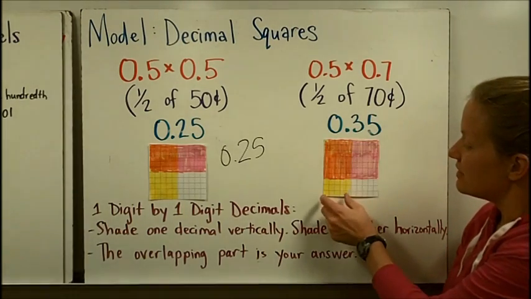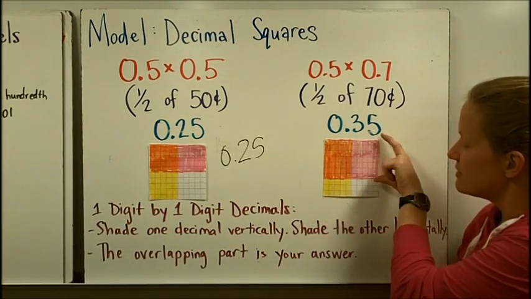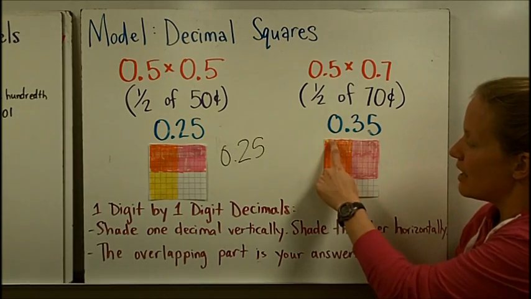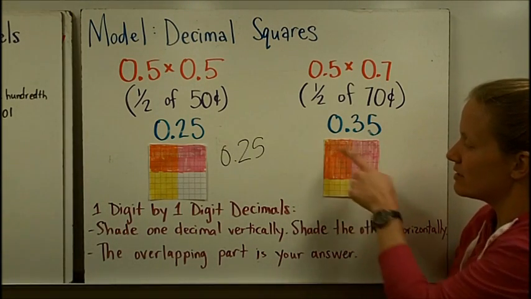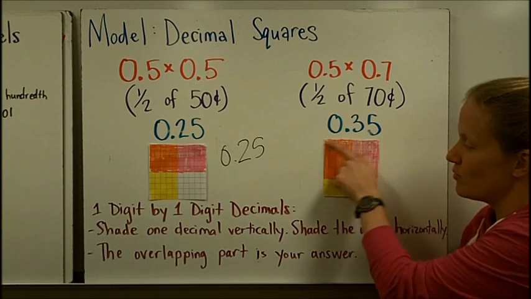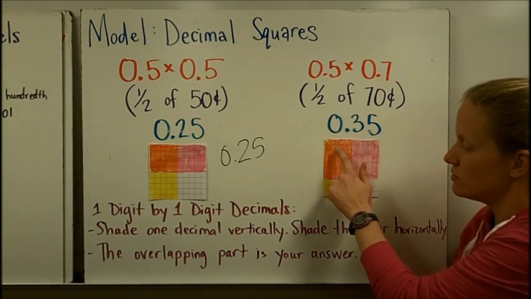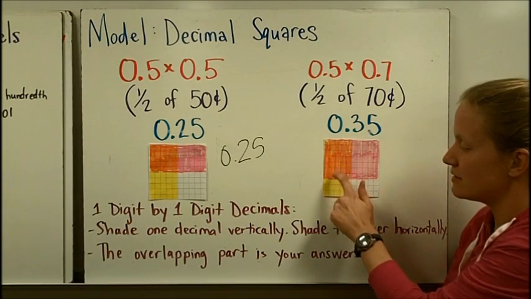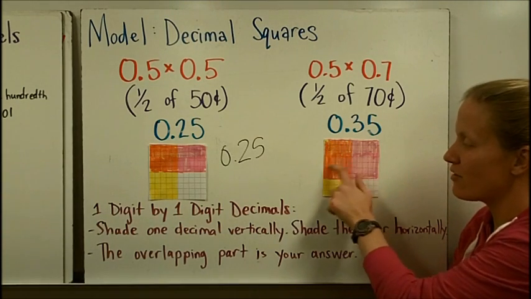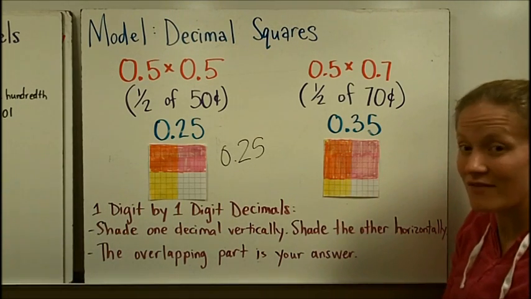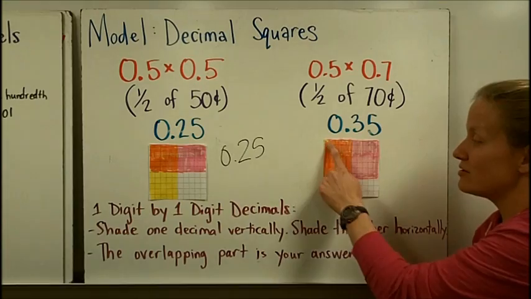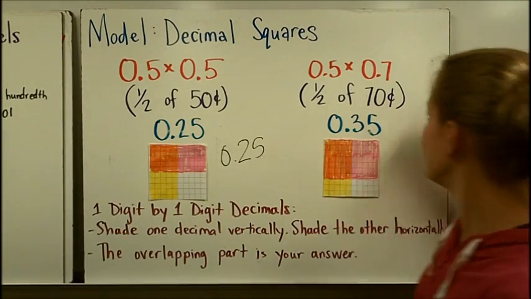You can see that I did 5 rows vertically, 7 rows horizontally, and the overlapping part here is my answer. Each group here is 5, and there are 1, 2, 3, 4, 5, 6, 7 groups of 5 going across. 7 times 5 is 35, so that makes 35 hundredths.